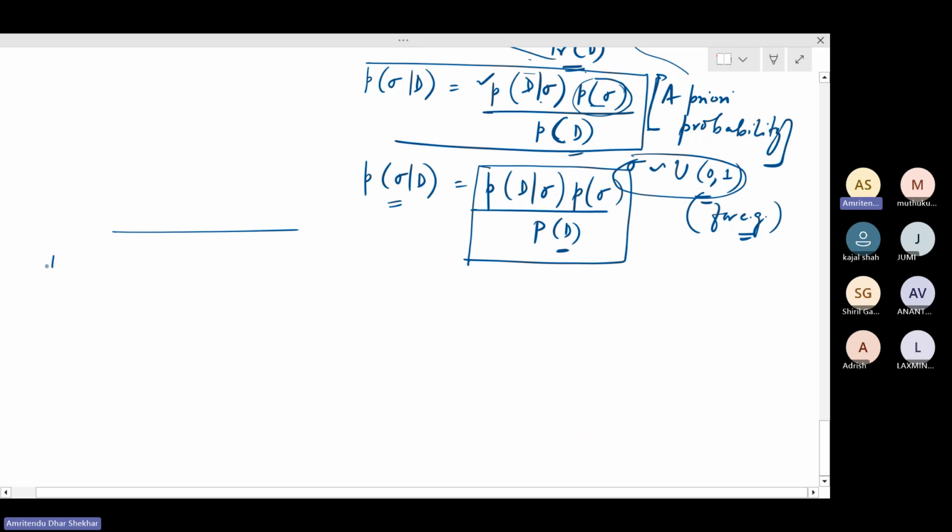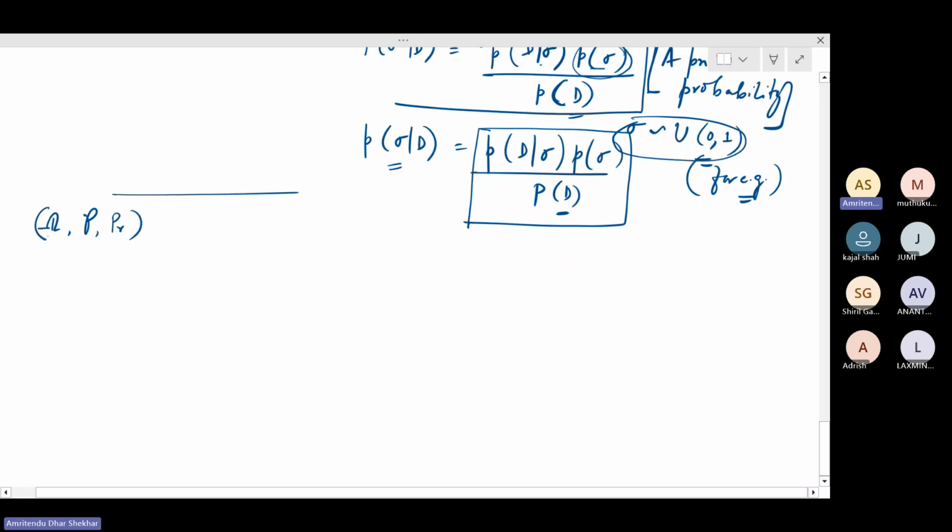You're given a probability space omega, P, and let's say some more structure. A random variable is basically a function. Let us first see the formal definition, and then we'll see how it's intuitively related to the theory of probability.